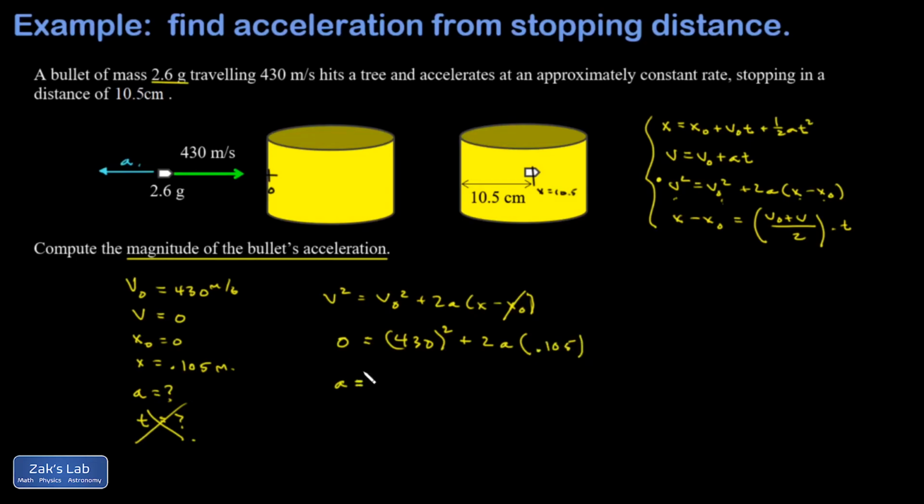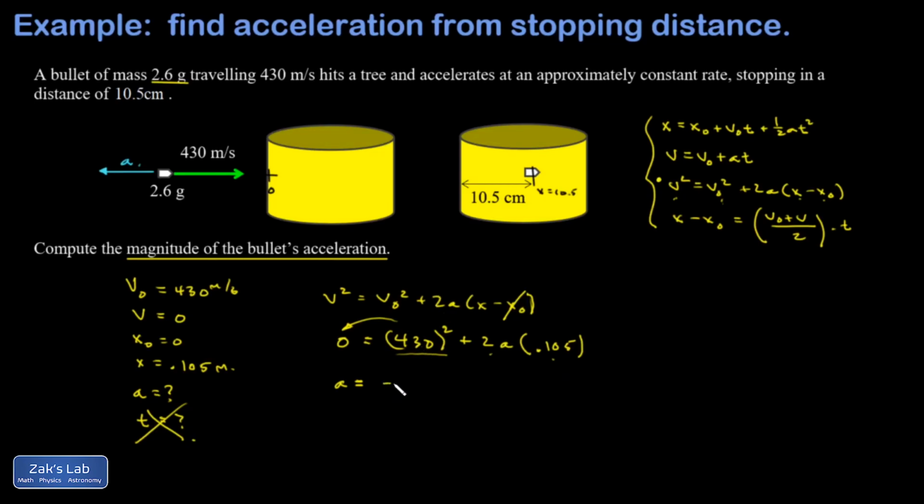So I don't ordinarily show these algebra steps because you can do it all at once in a calculator. I'm going to take the negative of 430 squared. In other words, I'm subtracting it over to this side of the equation. Then I divide by the numbers that are stuck on a, and that's dividing by parentheses twice 0.105.